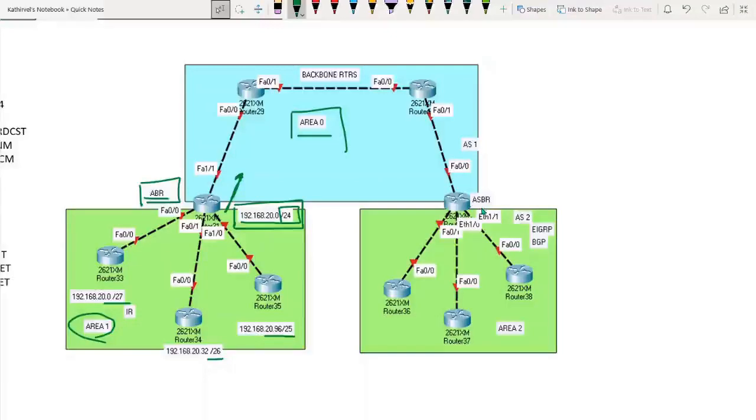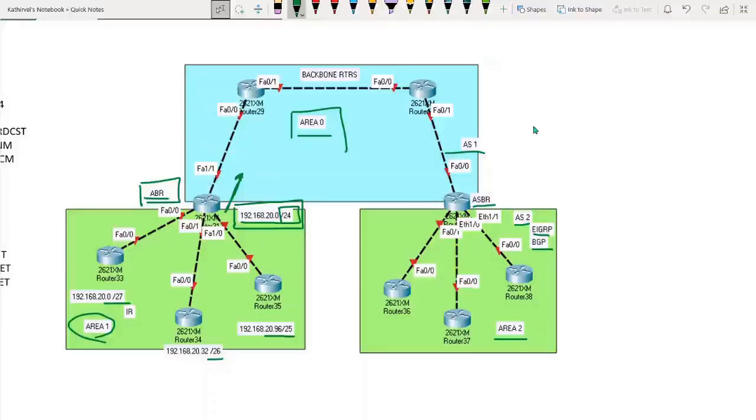On the other hand, you can see the ASBR, which means autonomous system boundary router. For example, in this area 2, it is configured with EIGRP or BGP. We mention it as autonomous system 2 on this side and autonomous system 1 on the first side. Autonomous systems come under a particular administrative domain.